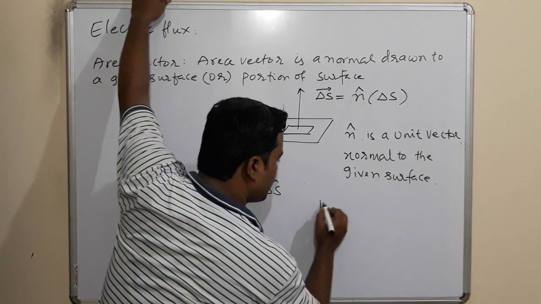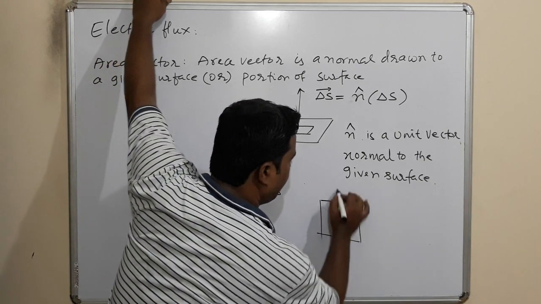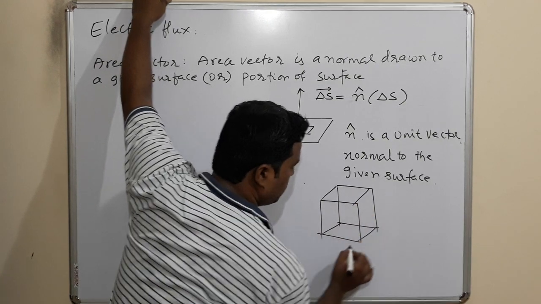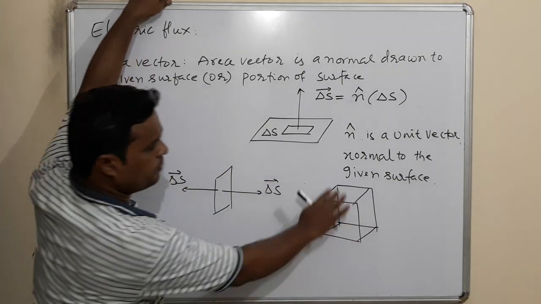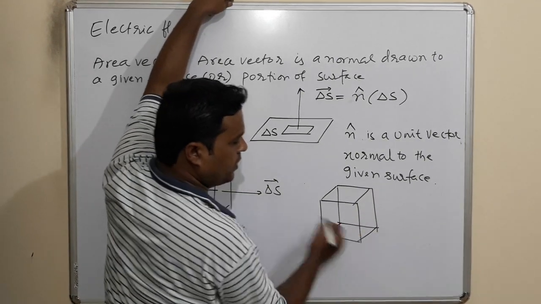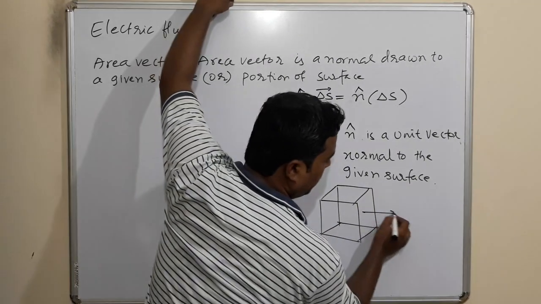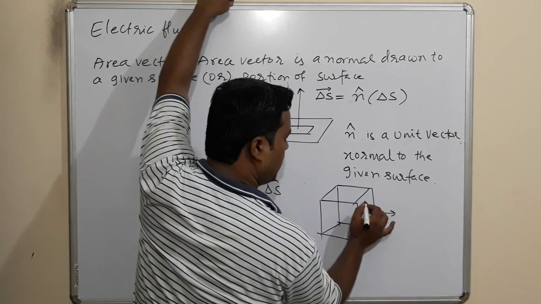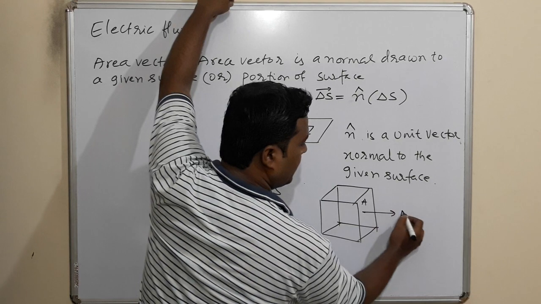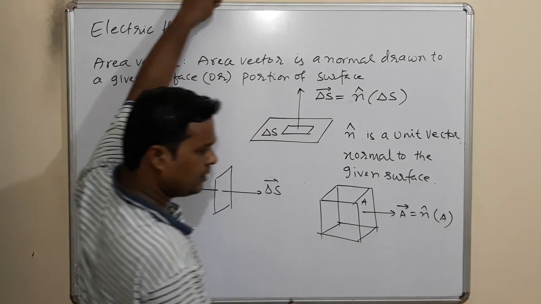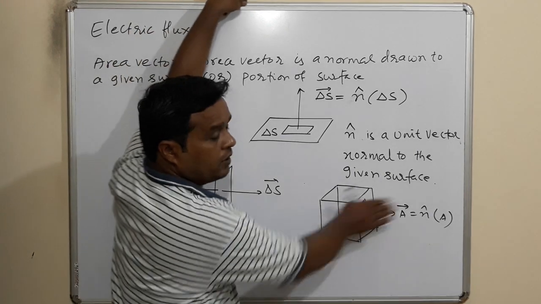If it is a closed surface like a spherical body or cubic body, to any portion of area, the area vector will always be drawn normal. If the area is A, the area vector will be n cap into A, and it is only drawn outward.